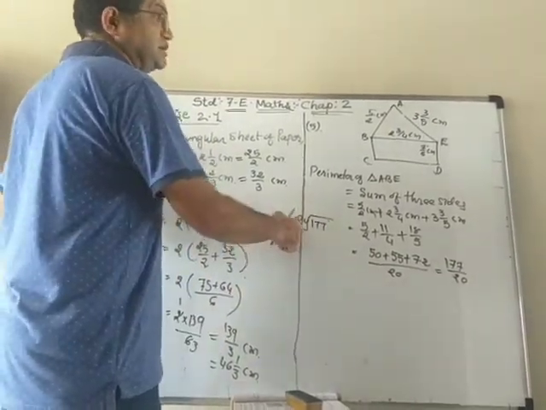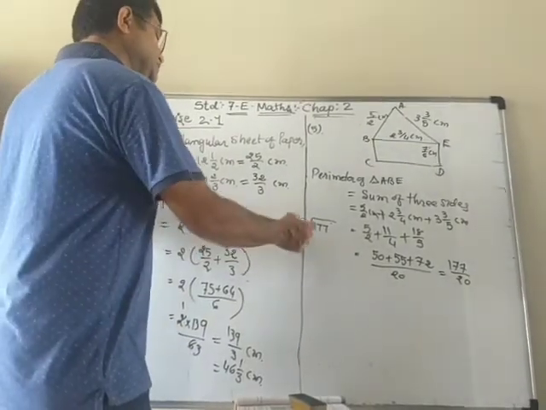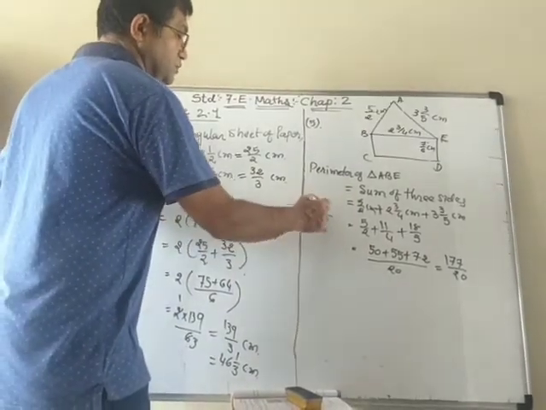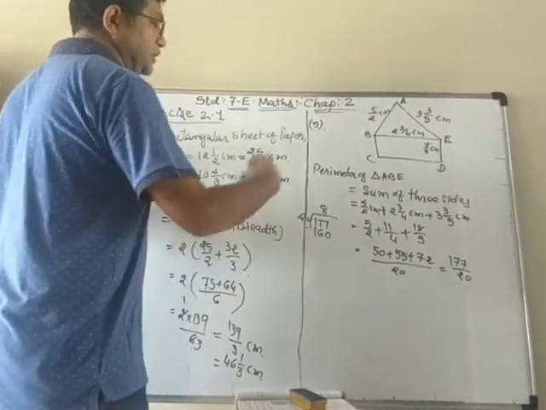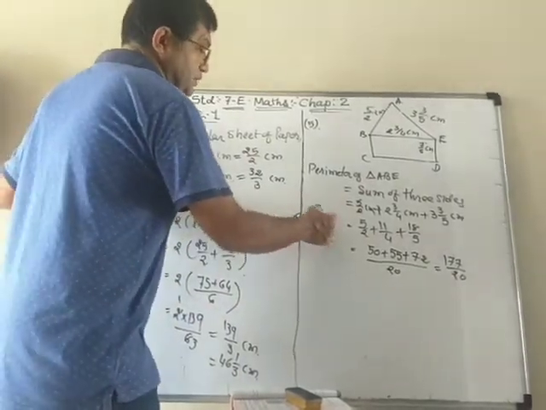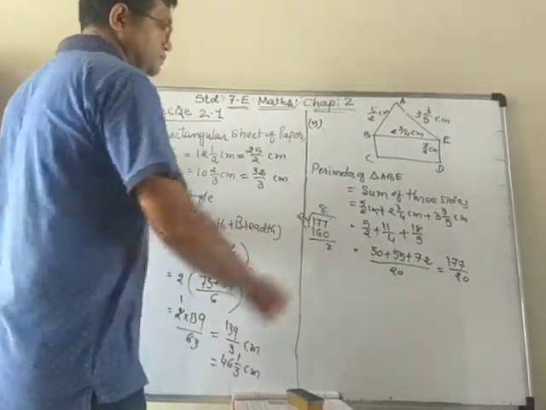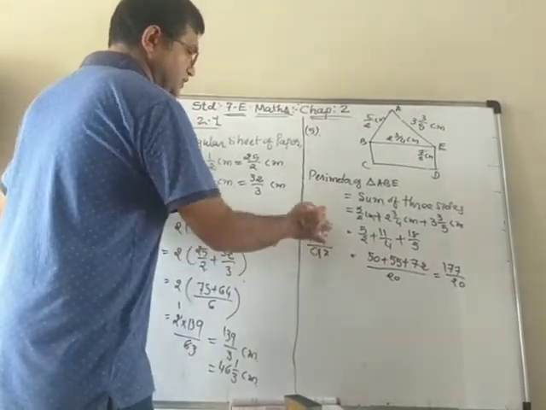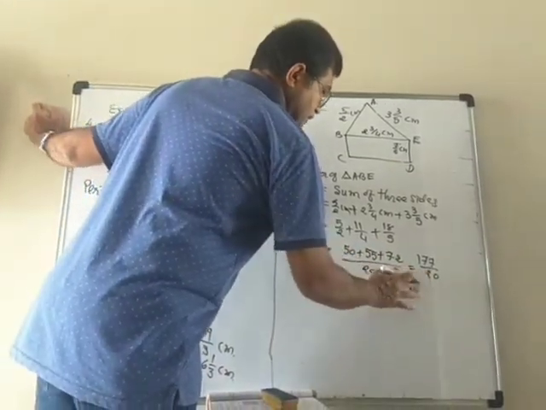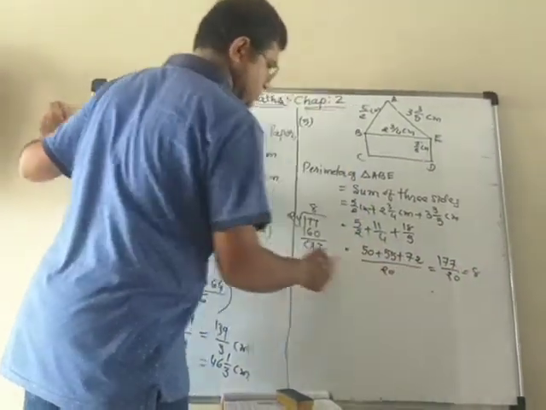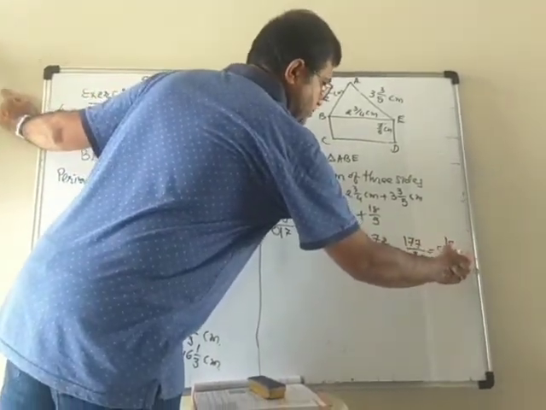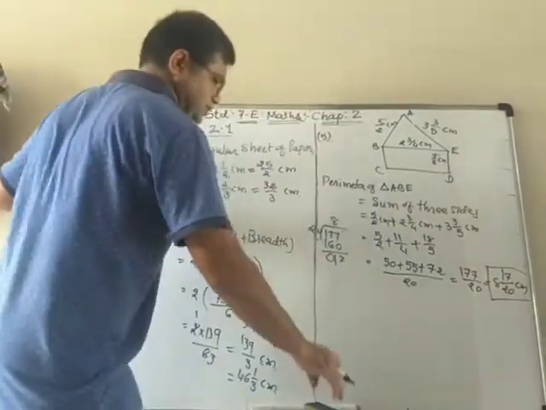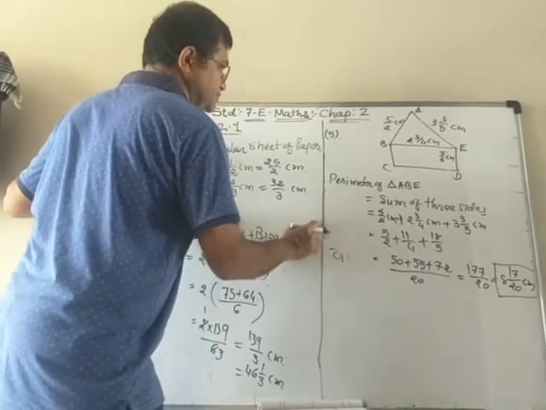So here 20 8s are 160, because if you take 20 9s, it will be 180. 7 minus 0 is 7. 7 minus 6 is 1. So that is equal to 8 integer 17 upon 20 centimeter. And that is your answer of the first part.